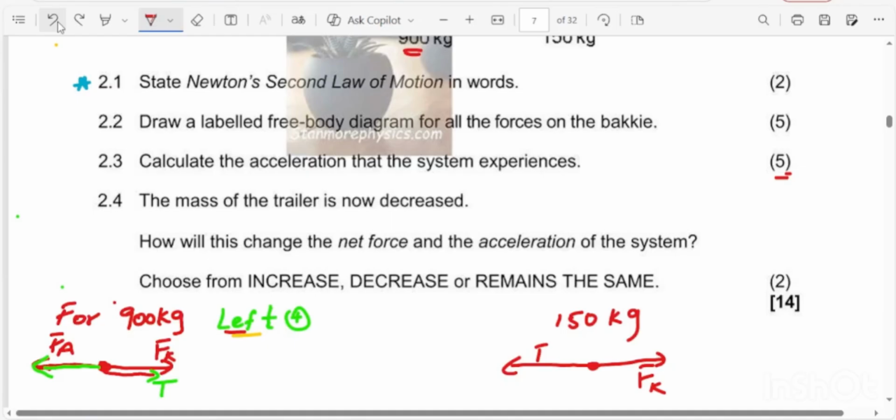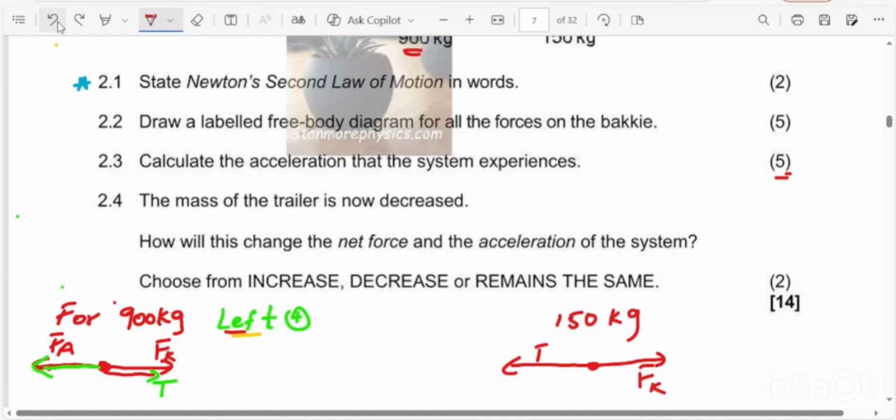Remember, how do you state Newton's law of motion? If you know the definition, we said that an object continues in the state of rest or uniform motion unless it is acted on by a net force. That's Newton's first law.